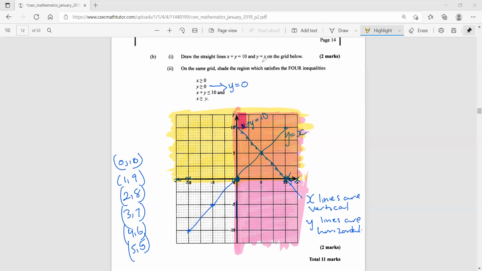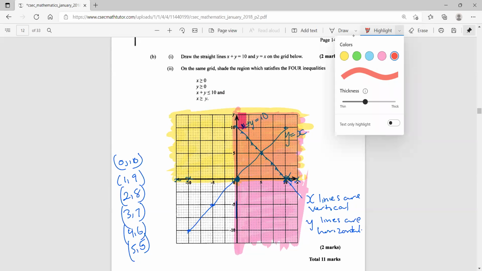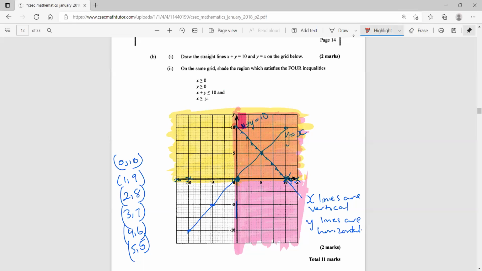All right, so where are we now? 3. X plus y is less than or equal to 10. So remember, we have that line already because we plotted that line earlier. Where is the x plus y equal to 10 line? This one, right? All right.